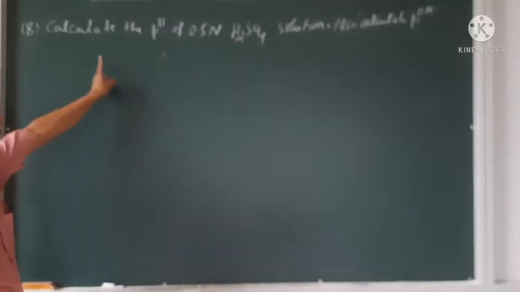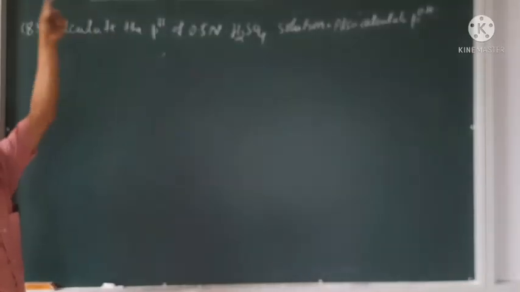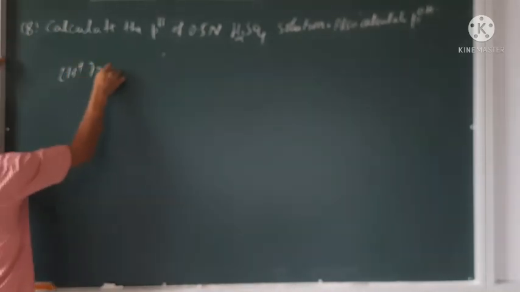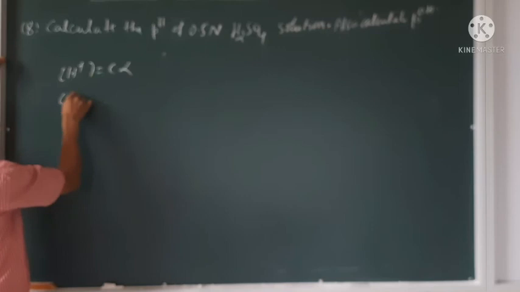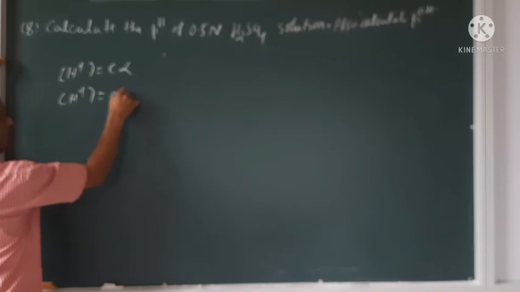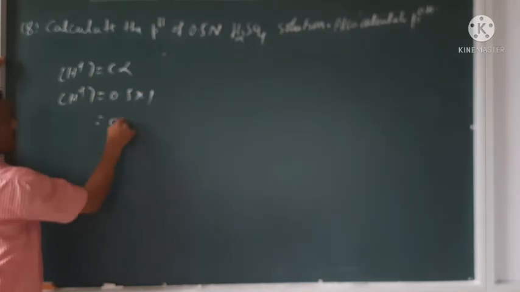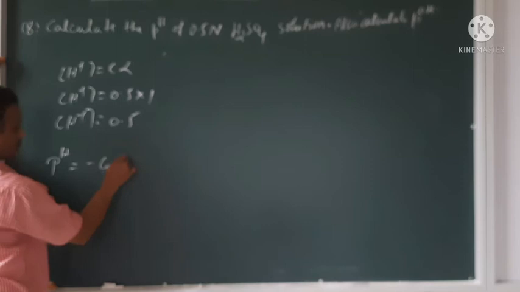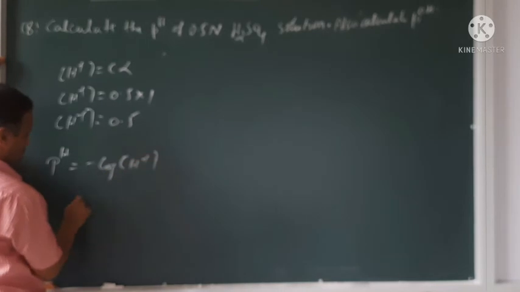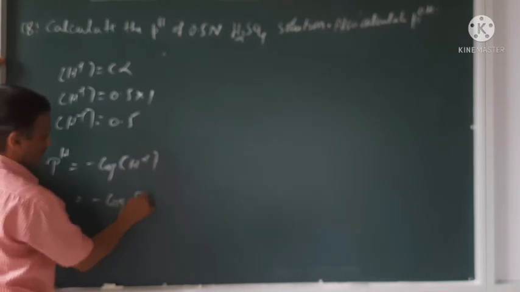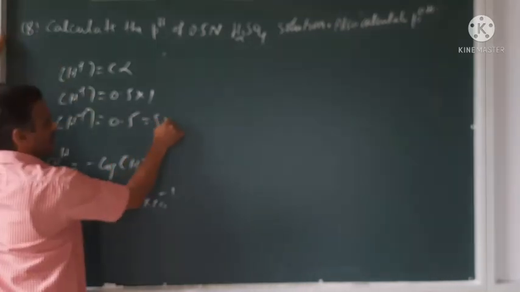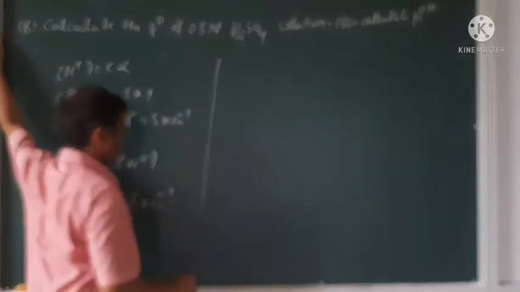Problem. Calculate the pH of 0.5 N sulfuric acid. H plus concentration is equal to C alpha. H plus concentration is equal to 0.5 into 1, which is equal to 0.5. pH is equal to negative logarithm of H plus concentration, which is equal to negative logarithm of 5 into 10 power minus 1. This one I wrote as 5 into 10 power minus 1 also.